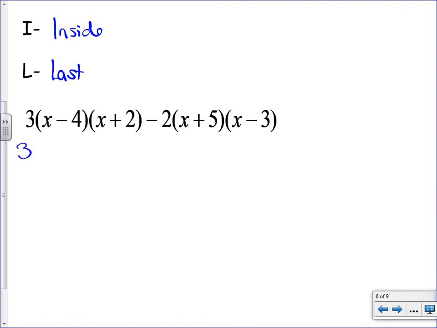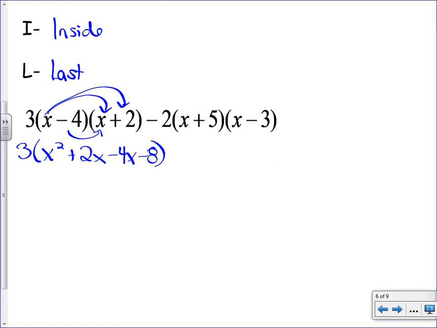When I do FOIL here, what will I write? Good. So I'm going to have 3 bracket x squared. X times 2, so I write what? Plus 2x. Very good. And I'm going to end bracket. The reason why I have brackets here is because I have to multiply this 3 by everything. Does anyone have any questions so far about what I've done?